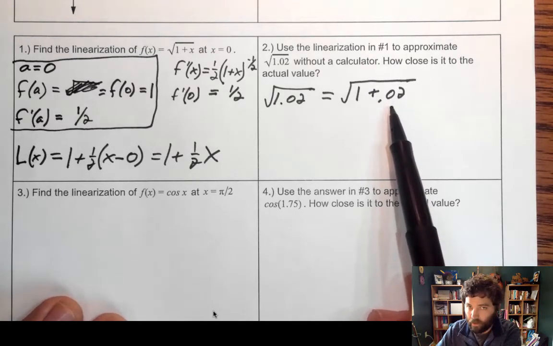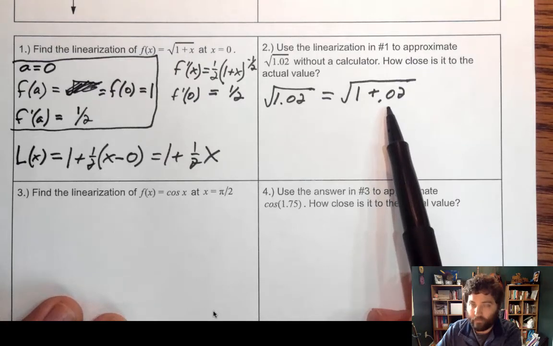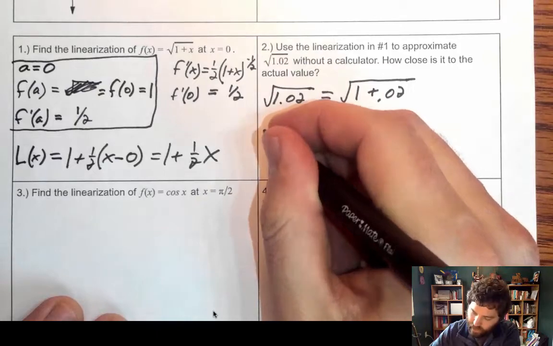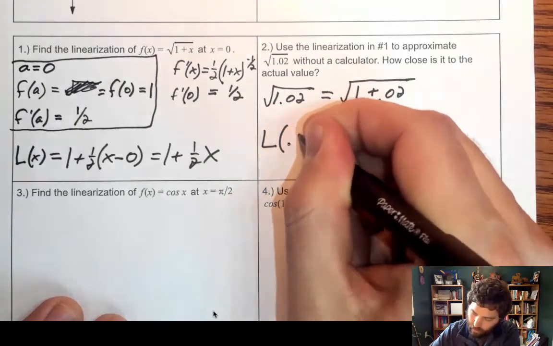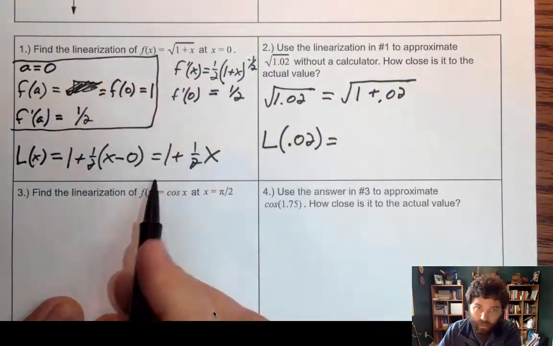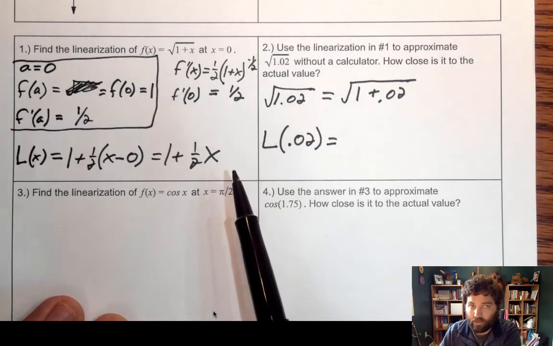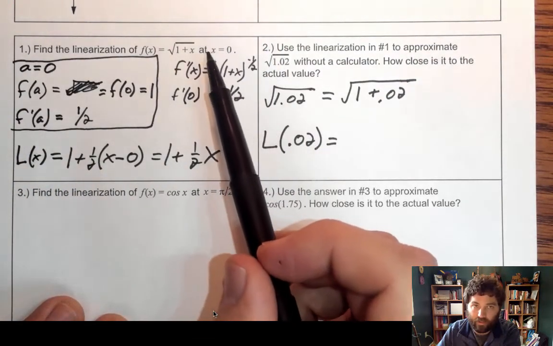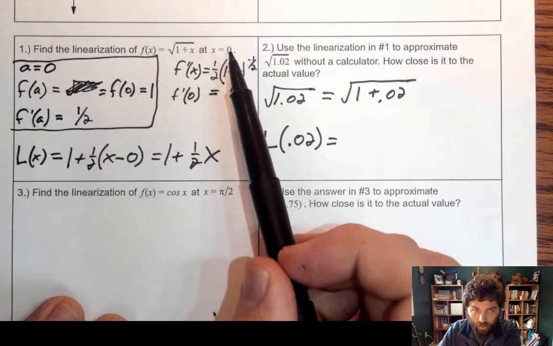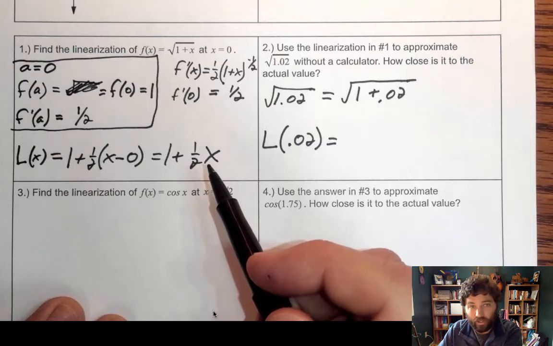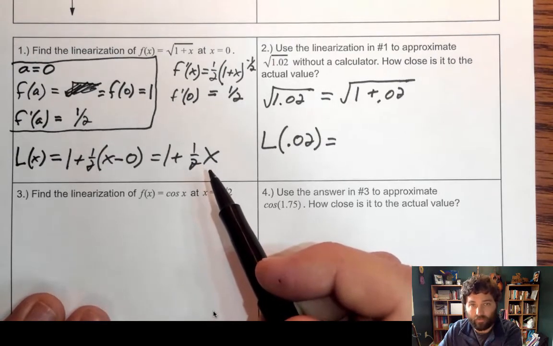So if I want to know the approximate value of this square root, I can just find L of 0.02 and plug it in over here. Because again, what we're saying is that really, really close to whatever value a is, so really close to 0, the linearization, the tangent line, is a really good approximation for function values.